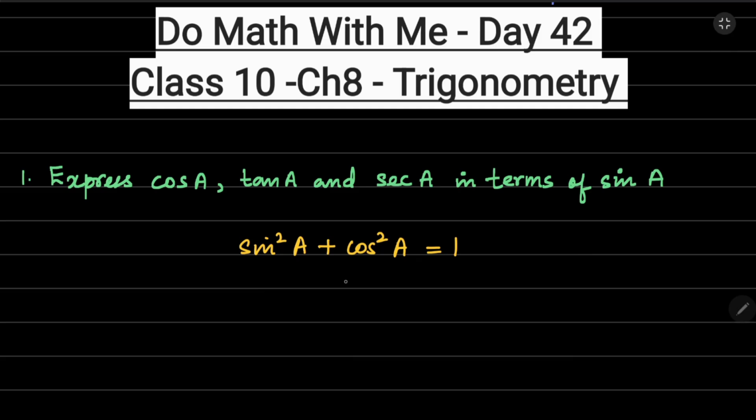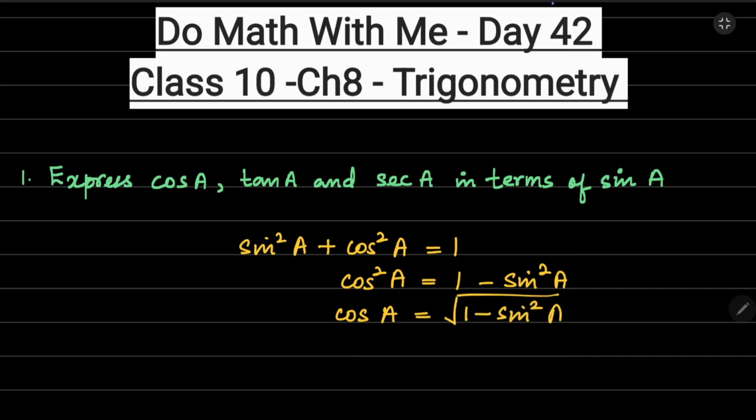So here we can write cos square A as 1 minus sin square A. If you take the square root on both sides, you have cos A equal to square root of 1 minus sin square A. So this is the first answer. We have expressed cos A in terms of sin A.